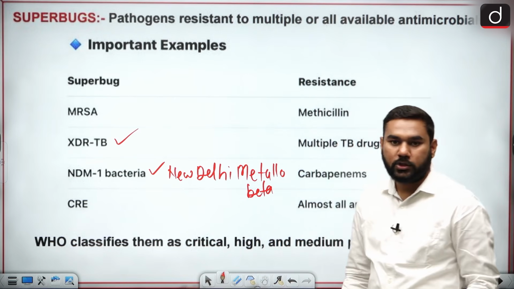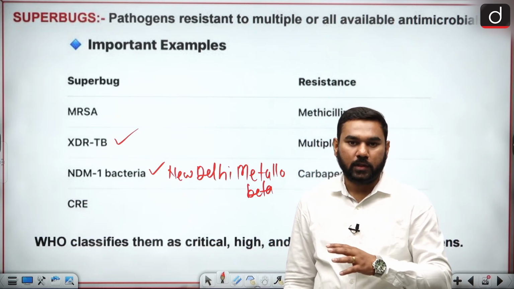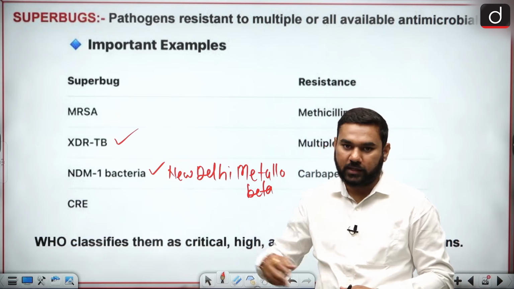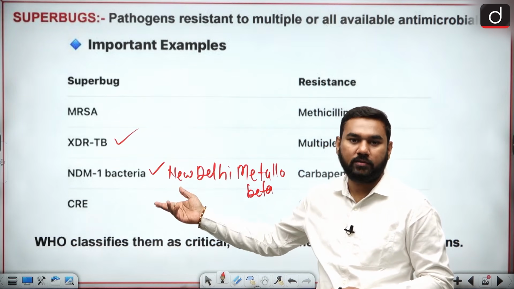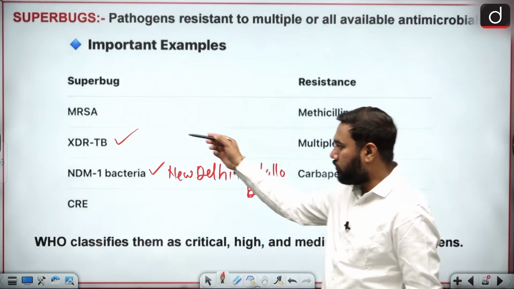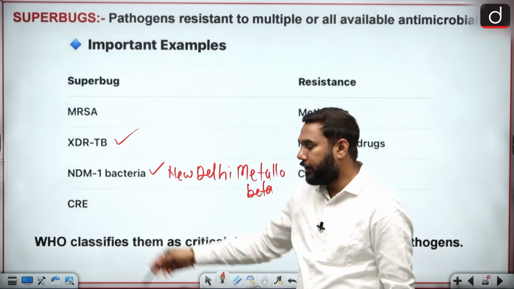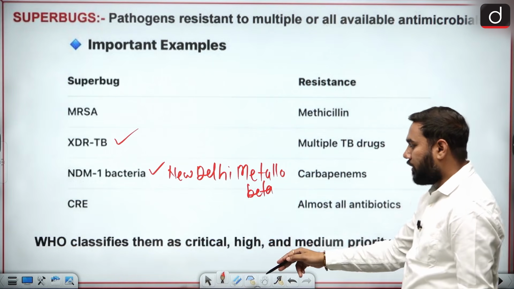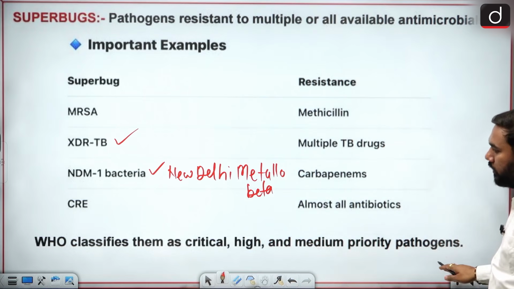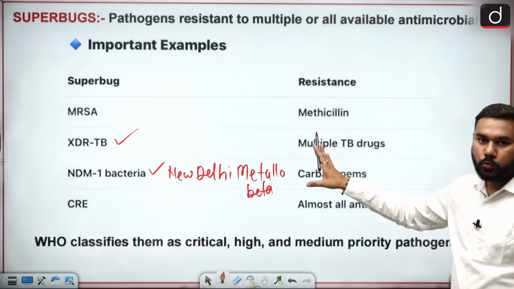This is a bacteria present in the water supply of Delhi, and it can create digestive problems, and when you take medicine it cannot be defeated because they have resistance against it. There are lots of examples: extensively drug-resistant TB, MRSA, CRE. WHO classifies them as critical, high and medium priority pathogens because they can create big issues in the world.